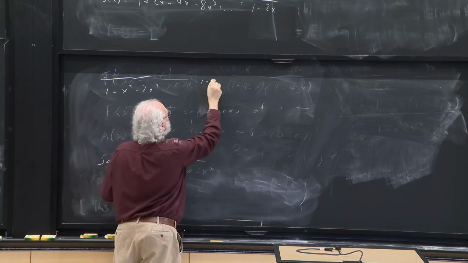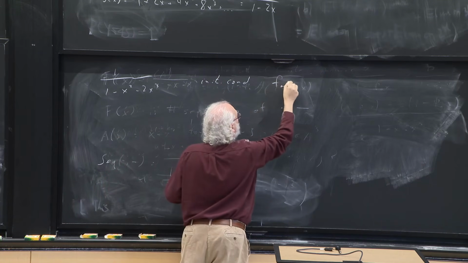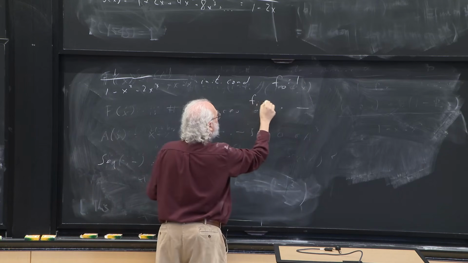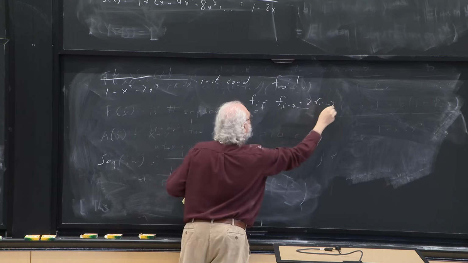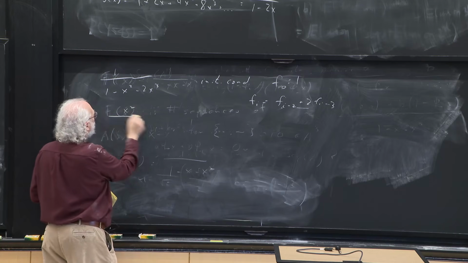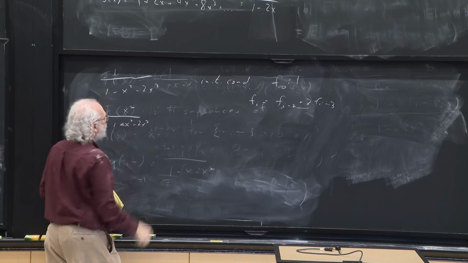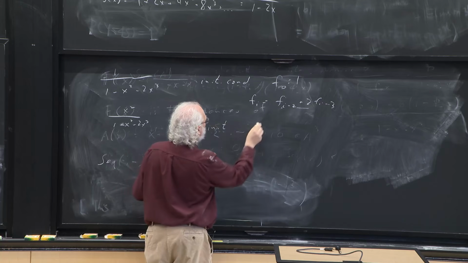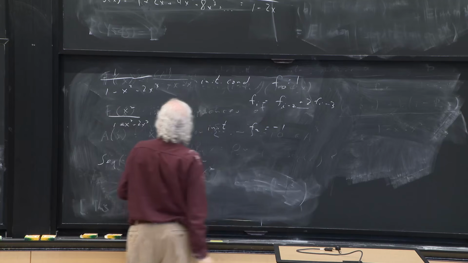The initial conditions are f0 equals 1, f2 equals 1, and f sub i equals f i minus 2 plus 2 f i minus 3. And x squared over 1 minus x squared minus 2x cubed is the same thing, except the initial condition is f2 equals minus 1 and the same recurrence.